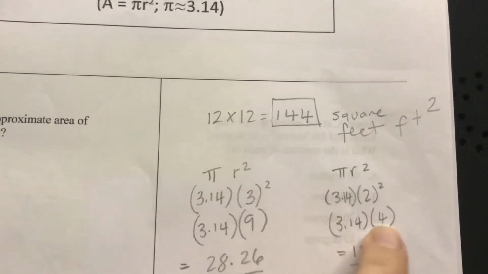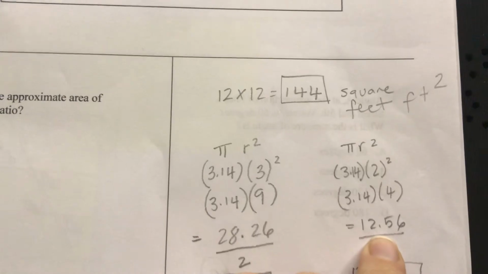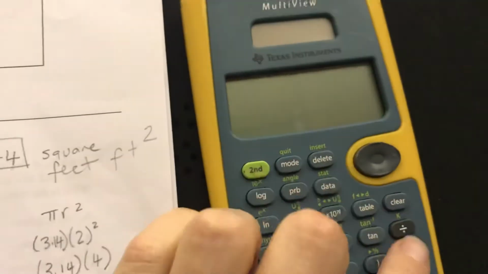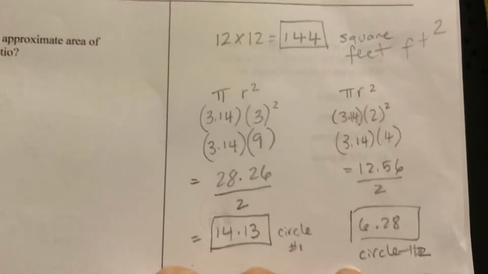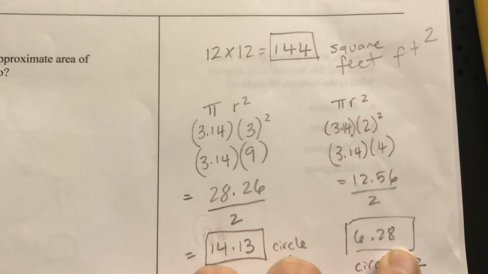So 3.14 times 4. Plug that into my calculator. I get 12.56. Am I done? No, because it's only half a circle. So I have to divide it by 2, and I can use again the divide button to divide that by 2. So if I divide that by 2, I'm going to get 6.28.